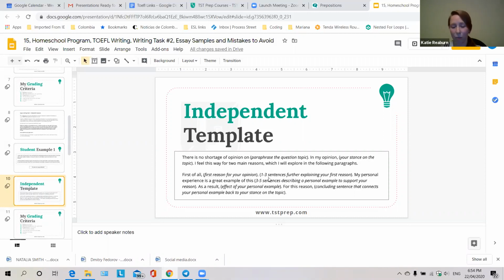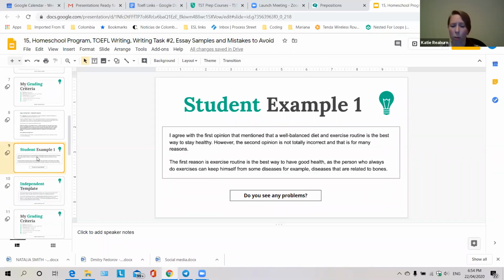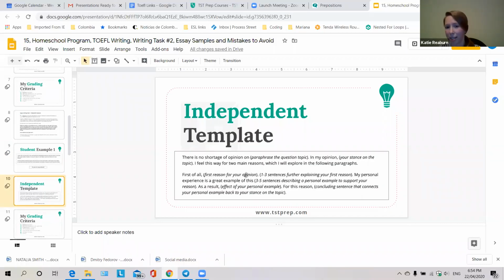So at least have 1 to further explain, to give some more specifics about what your reason is. So this student has talked about how exercise is the best for good health. So in their next sentence, for further explaining it, they could talk about what types of exercise. Give something that people can picture, can imagine, and really be sure they know what you're talking about.